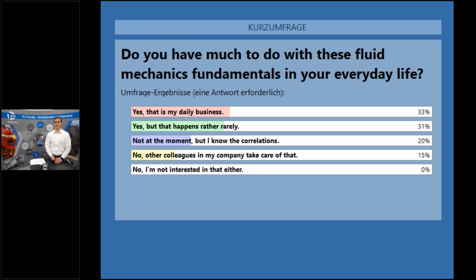So you might know that some of our fans are able to change the blade angle during operation. So that's possible for these variable pitch fans.